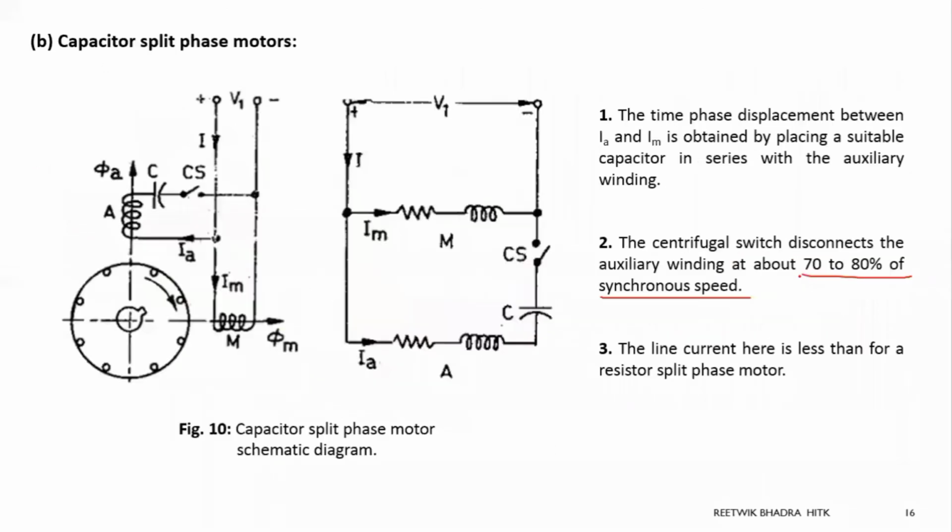And besides, where is the starting capacitor connected? In the auxiliary winding. It is present only for a very short time. So it is not very essential to make the circuit costly by using a costly capacitor, because this capacitor was only present to create the starting torque. It doesn't remain in the circuit completely.